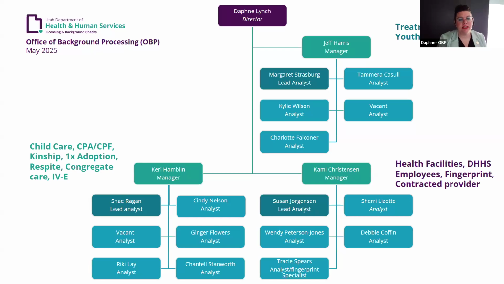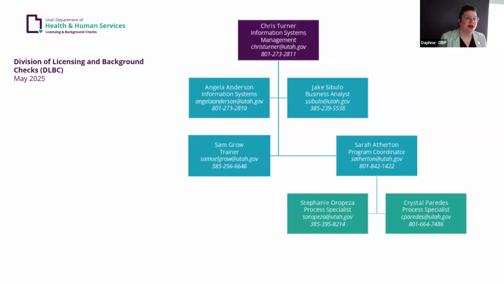And we also have Cammie's team who is over our health facilities programs, our DHHS employees, our fingerprint services, and our human services contracted providers. We couldn't do all of the work that we do without the great support of our system management team. You may be hearing from Chris and Angela, but primarily Jake, who is over the direct access clearance system for human services providers.